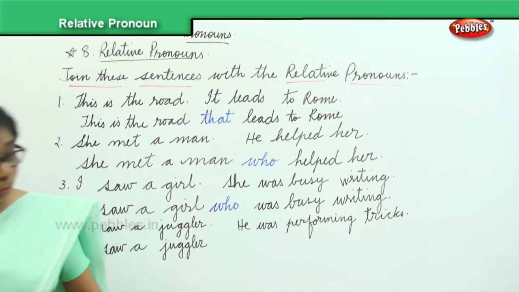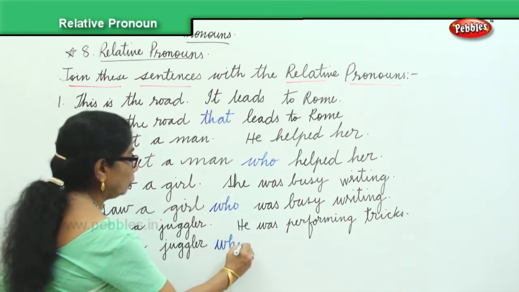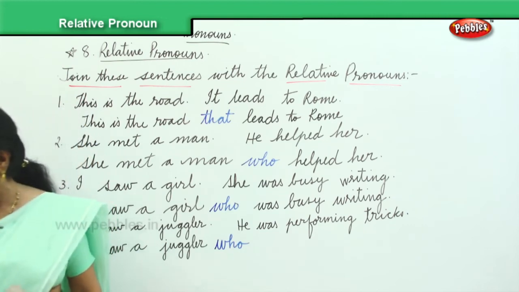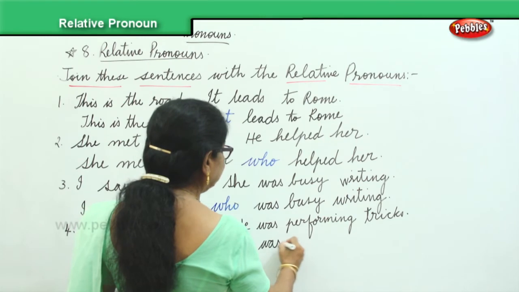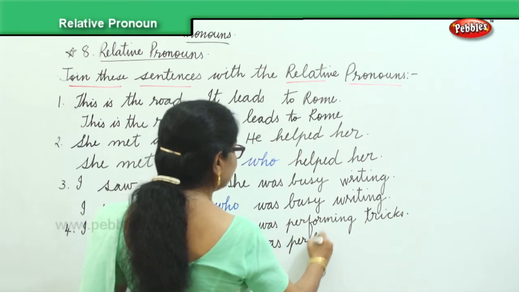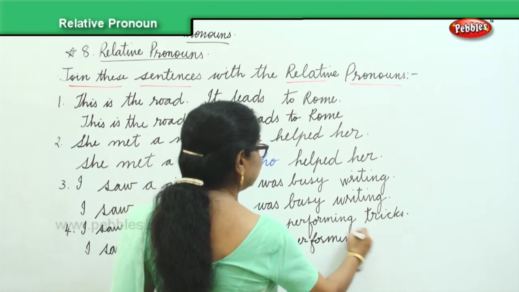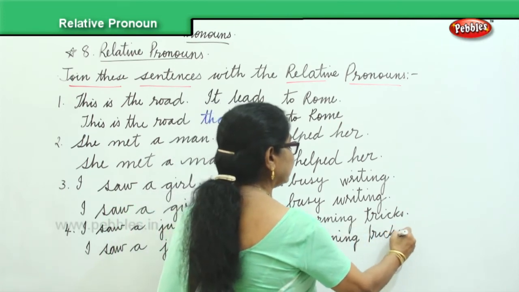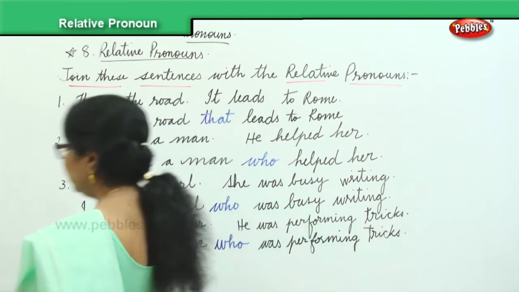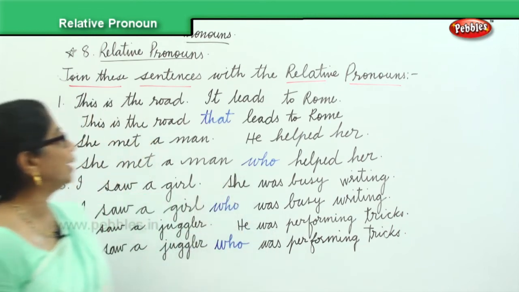I saw a juggler who was performing tricks. We have done 4 sentences. We need to do more for practice. Now, let's look at it.